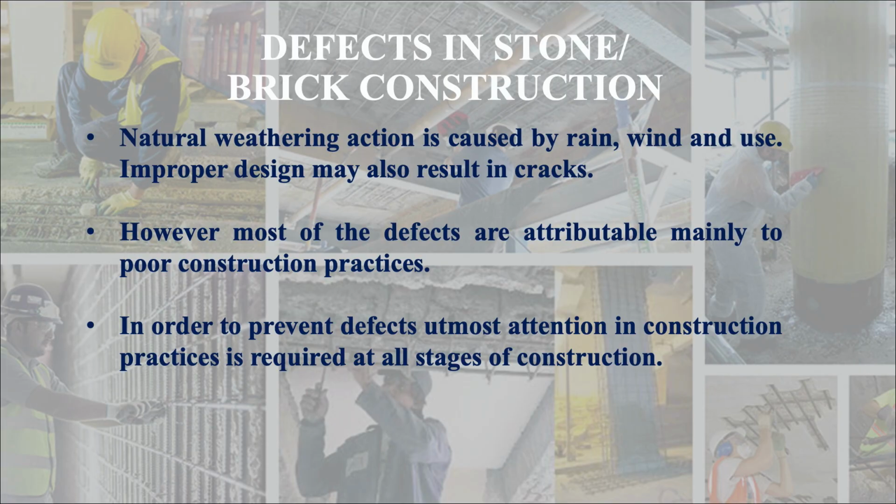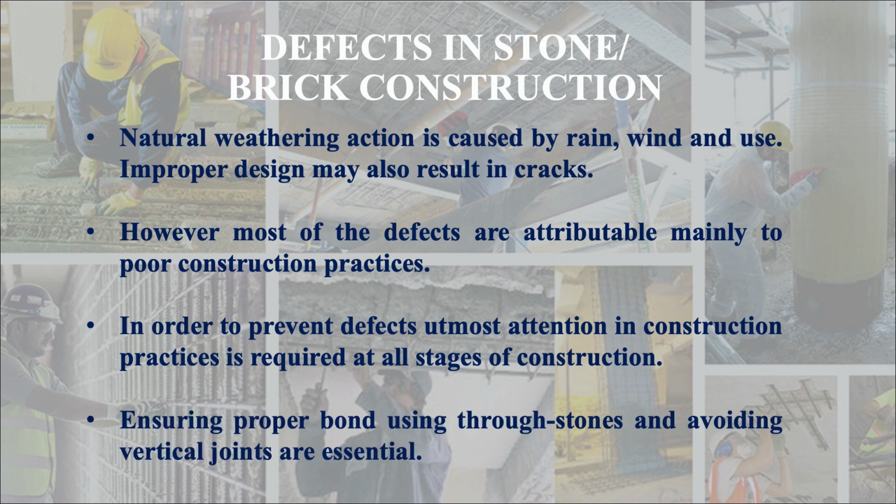In order to prevent defects, utmost attention to construction practices is required at all stages of construction. Ensuring proper bond, using throw stones and avoiding vertical joints are essential. This we are talking about with reference to stone masonry.